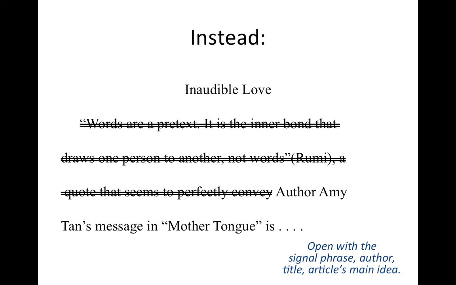And instead, the paragraph opens with the signal phrase, the author, the title, and the article's main idea, just like we talked about in the instructions. So if this writer were going to edit the paper, she would just start right here. "Author Amy Tan's message in 'Mother Tongue' is," and then state what the message or the author's main idea is.